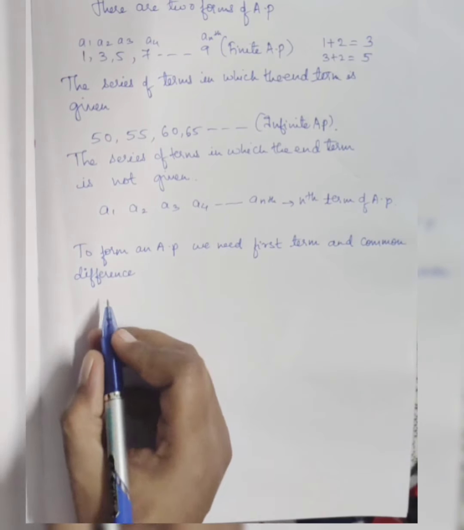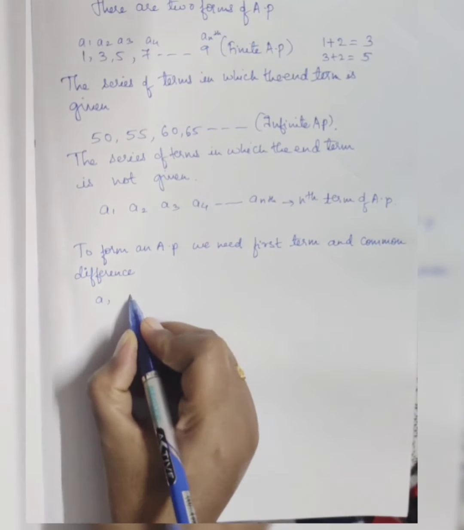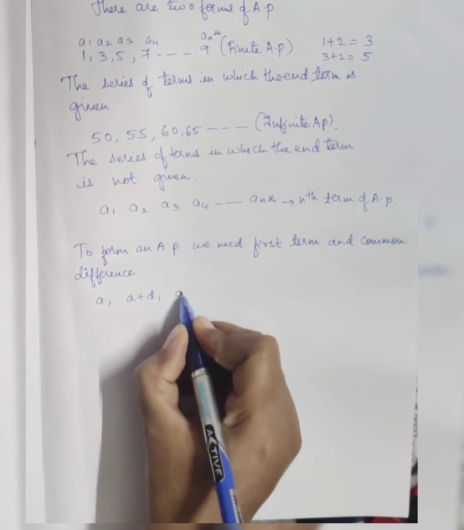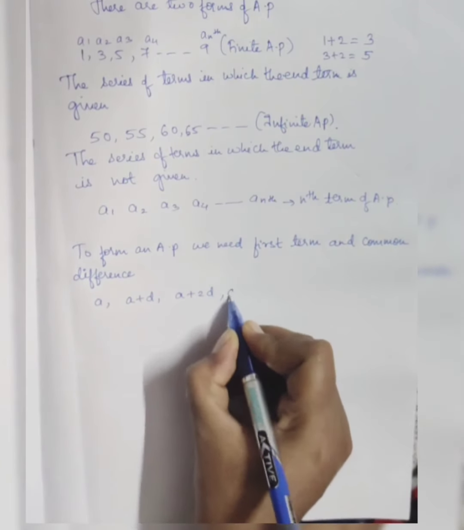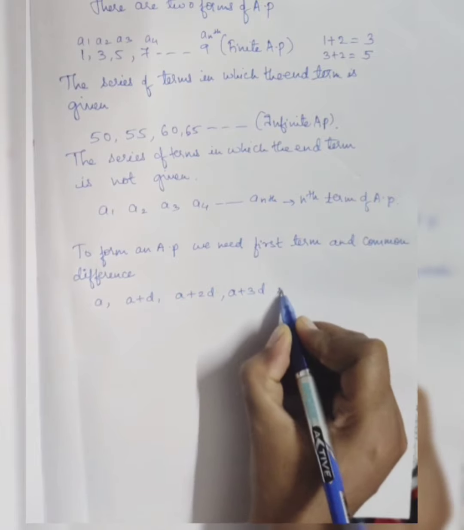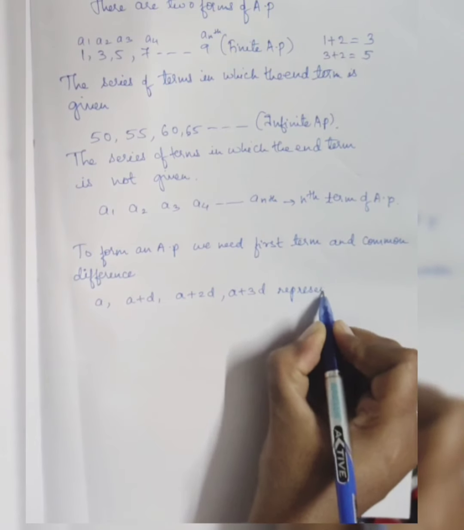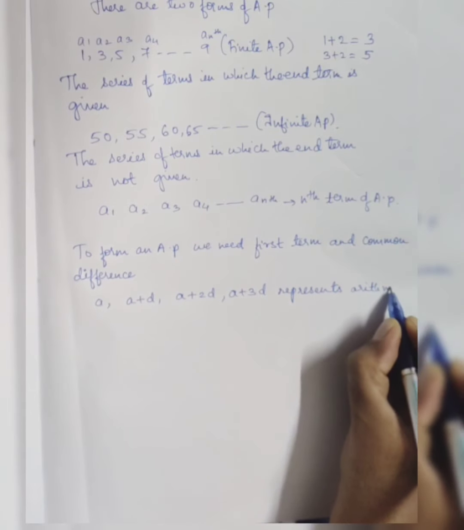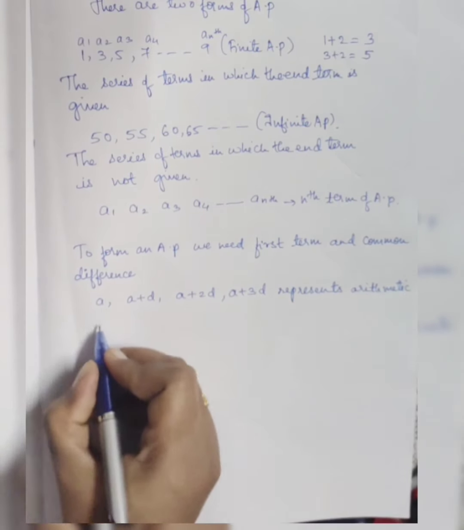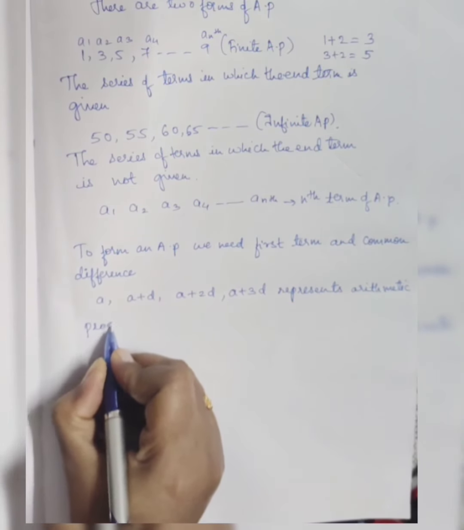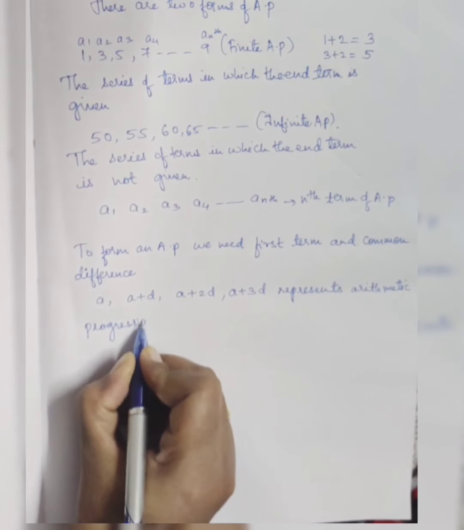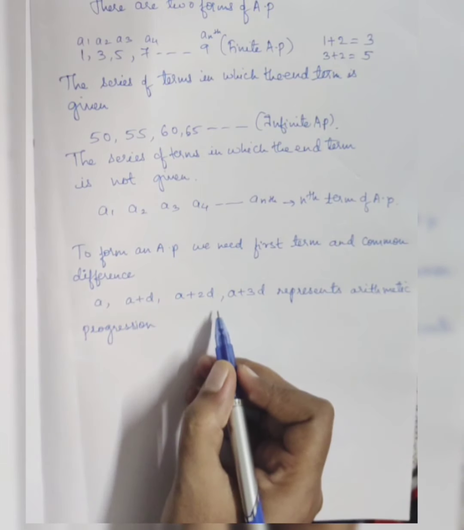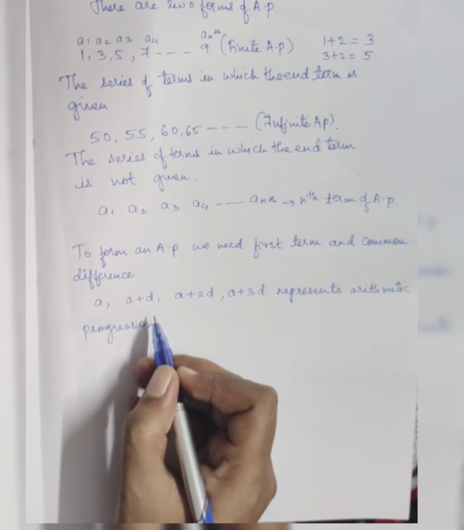The next is A plus D, A plus 2D, A plus 3D, which represents arithmetic progression. See, how to prove this? You can take any example for this.